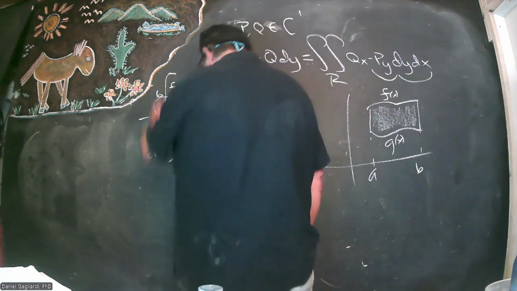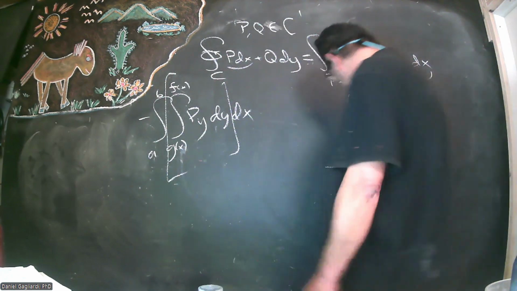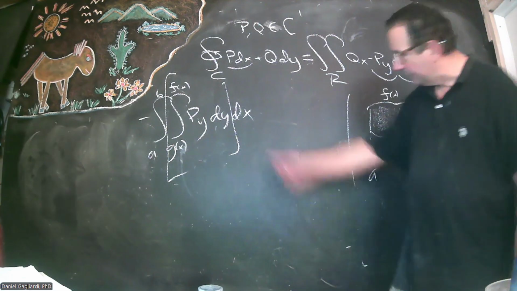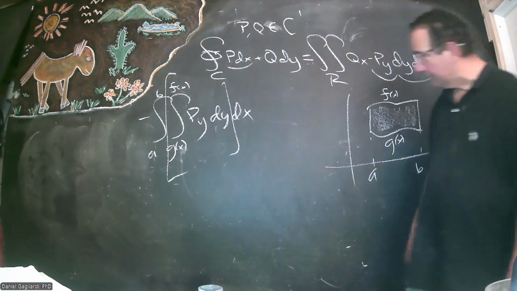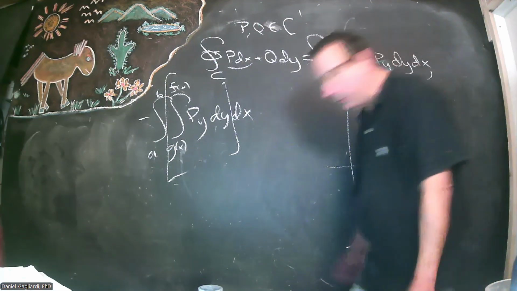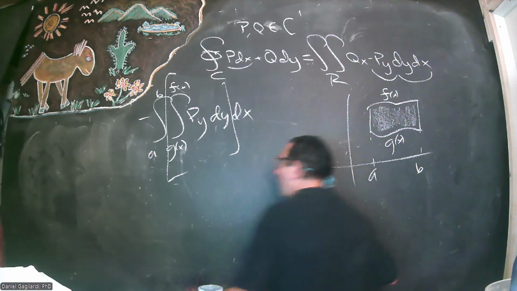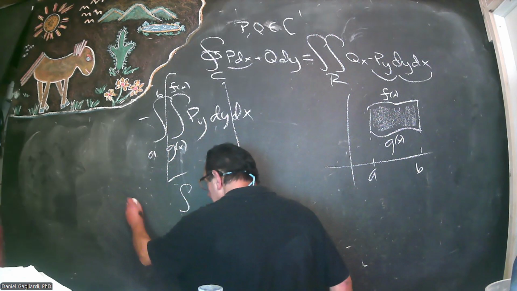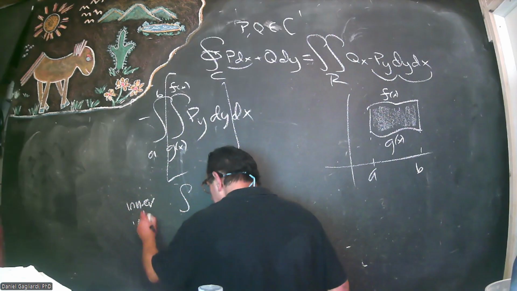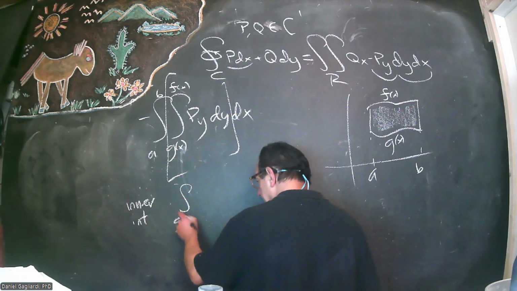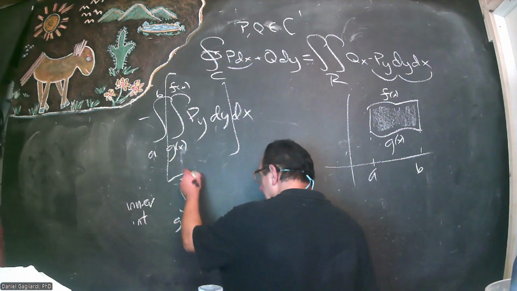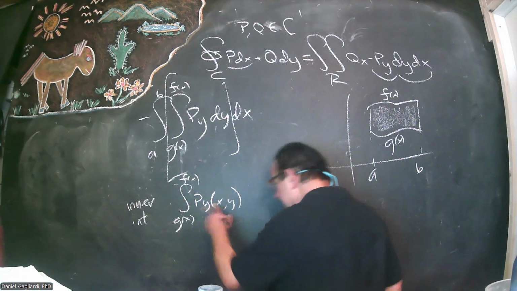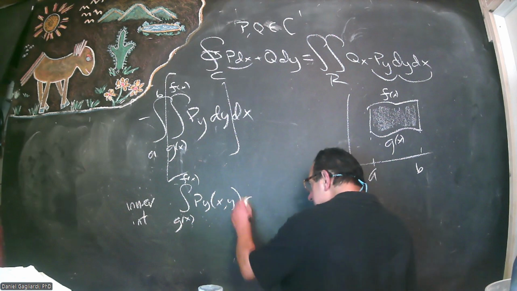So let's look at the inside part of this. This is kind of nice, because we can evaluate this just using the fundamental theorem of calculus. The inner integral is the integral from g of x to f of x of Py of x and y dy.